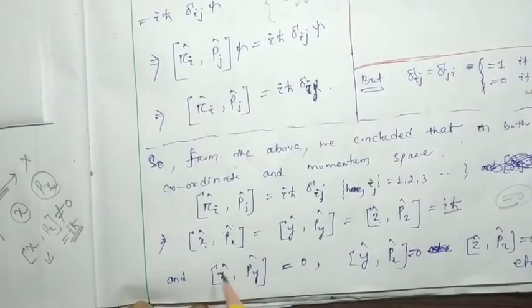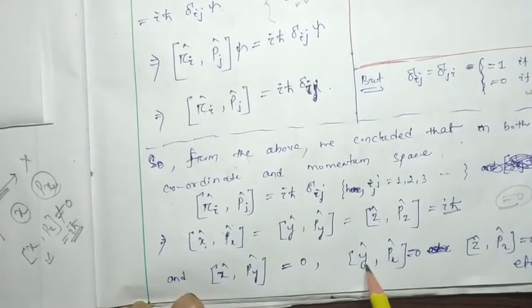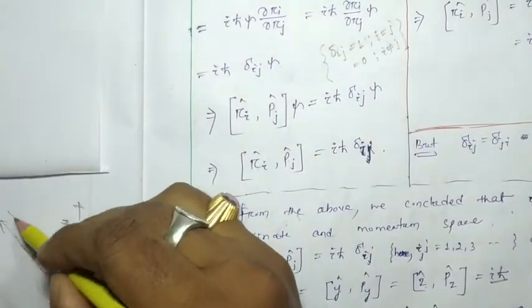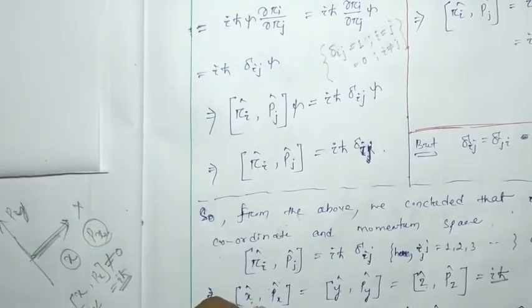But [x cap, py cap], [y cap, px cap], or any other two different components, [z cap, px cap], [z cap, py cap], will be equal to 0. That means position along one component and momentum along another component will commute with each other.